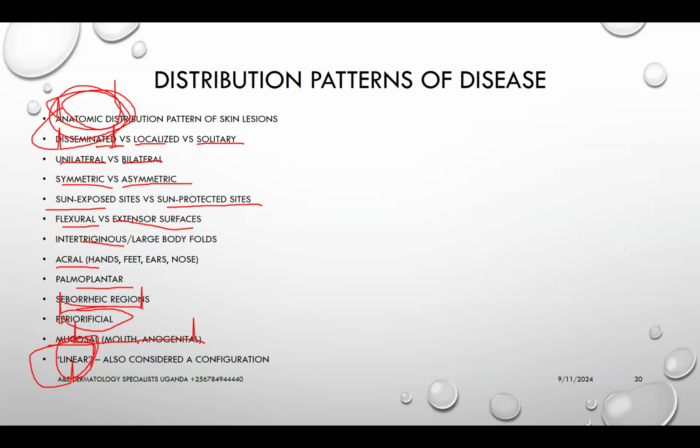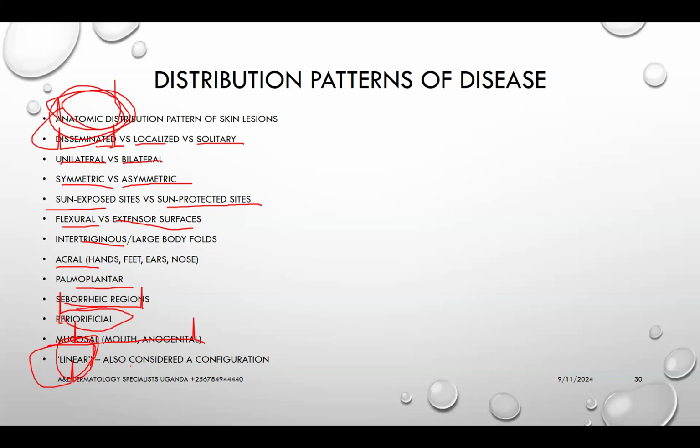So that one should not bring confusion. You can use the word linear to describe the distribution of disease as well as its configuration.